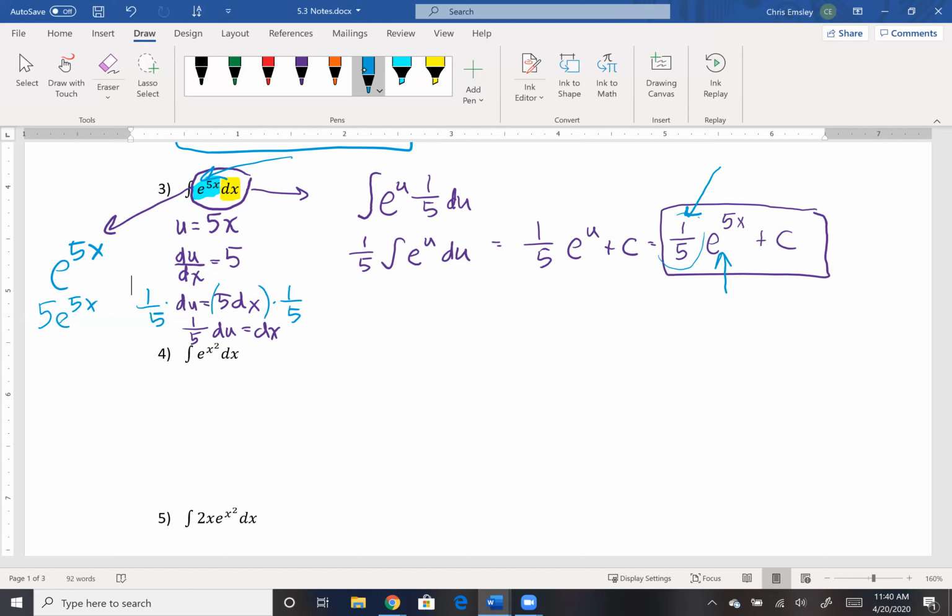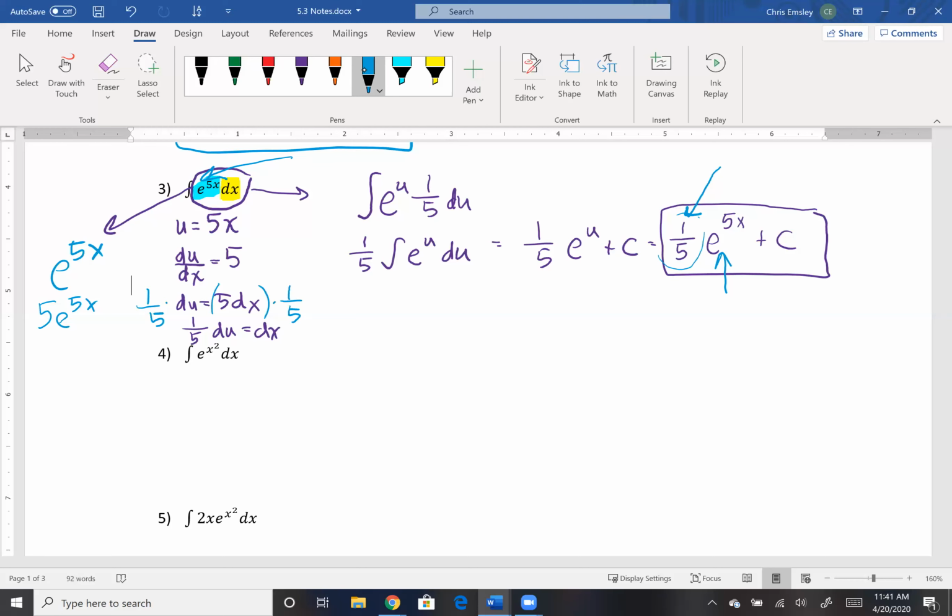Does that work for all of them? Pretty much. You just have to kind of look and see it. It gets a little trickier when you have variables in there with your dx.